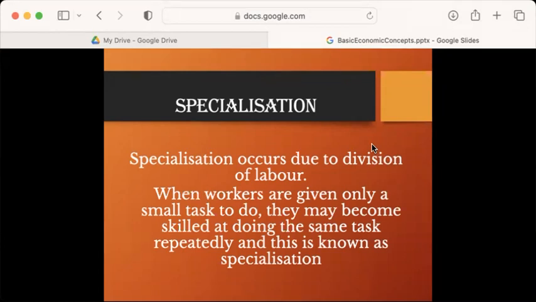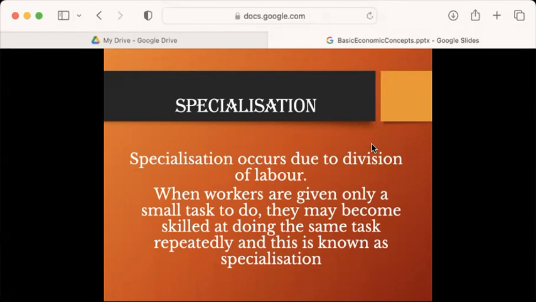Now, in the last subheading, it says division of labor and specialization. We put both of them together because they are interrelated. They are not exactly the same, but they relate to one another. Division of labor is when the whole job is divided into smaller tasks, and to perform each task we have a worker or a group of workers. On the other hand, specialization is when a worker concentrates on just one part of the whole job.